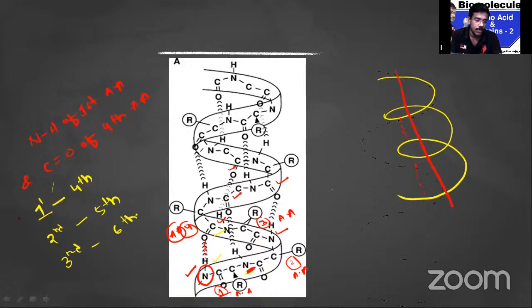The first amino acid will connect with the fourth, the second with the fifth, the third with the sixth, and so on. Always the hydrogen bond will form between the NH group and the C=O group of different amino acids.